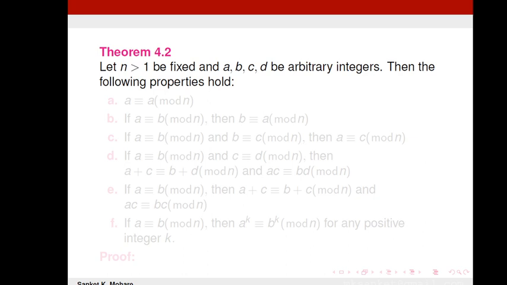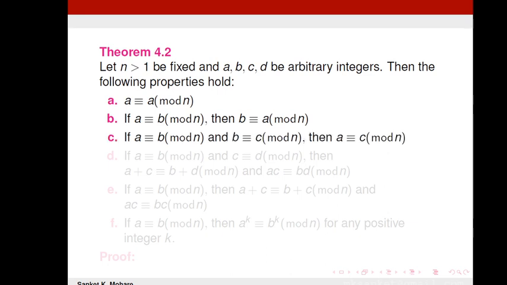Next theorem, 4.2. In this theorem we have to prove 6 properties of congruence. So let's have the statement. Let n greater than 1 be fixed and a, b, c, d be arbitrary integers, then the following properties hold. First property, a is congruent to a modulo n. Second property, if a is congruent to b modulo n, then b is congruent to a modulo n.